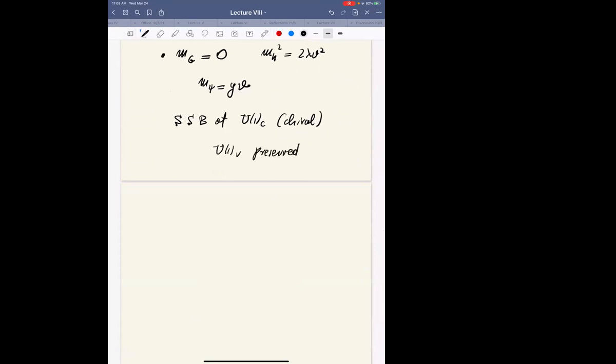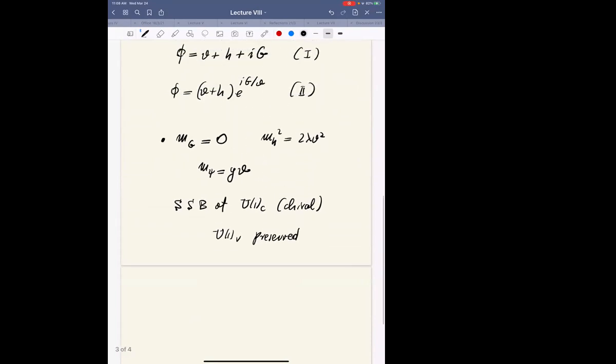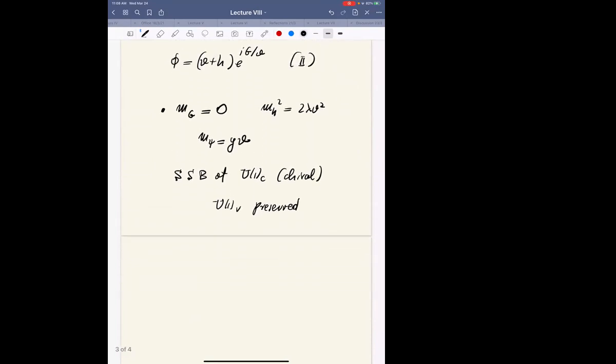It's a beautiful mechanism. What we really said is that if I write φ to e^{iαq} φ, that means qφ is just φ. I took charge 1, and that implies that qφ_0 is φ_0. It's not 0, which implies the symmetry is broken and the vacuum actually carries charge.